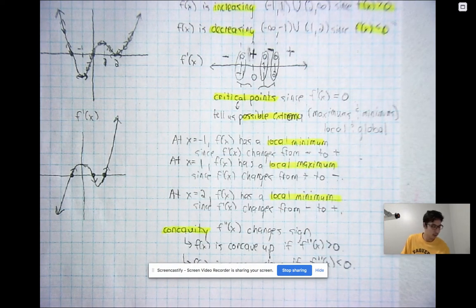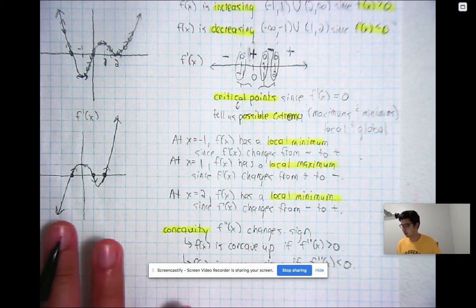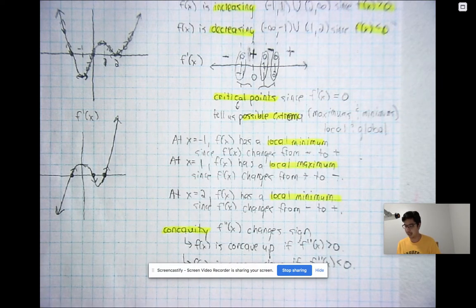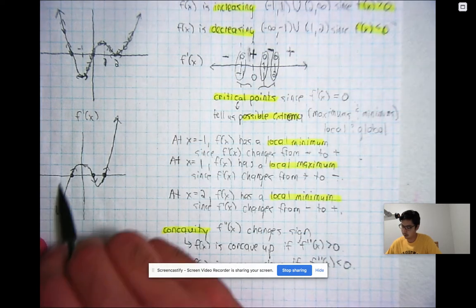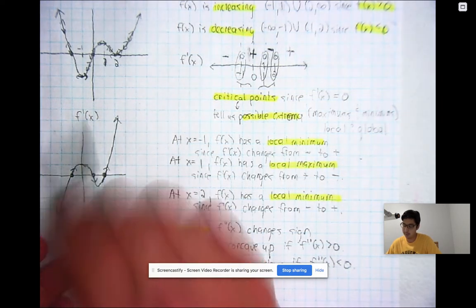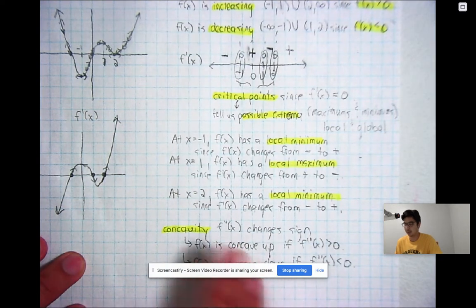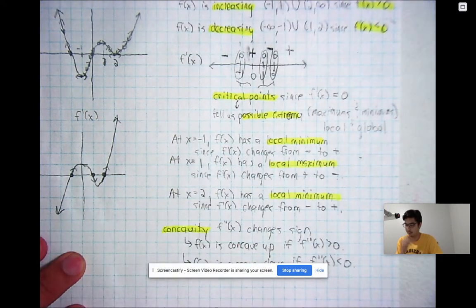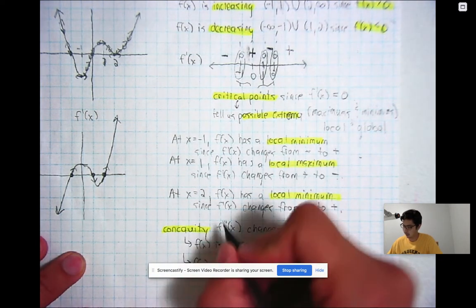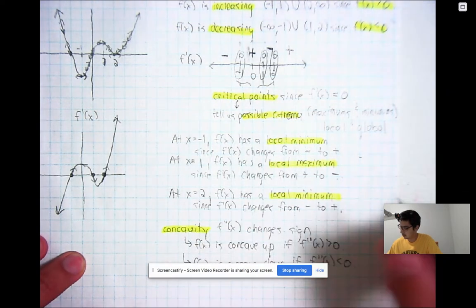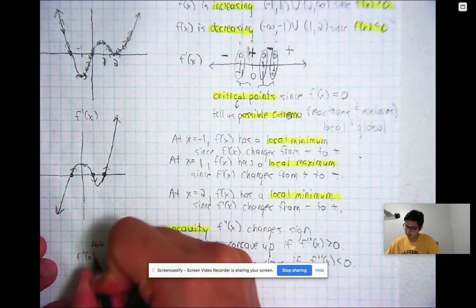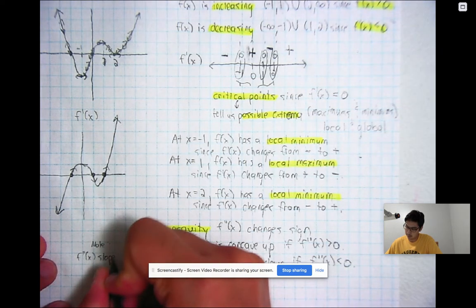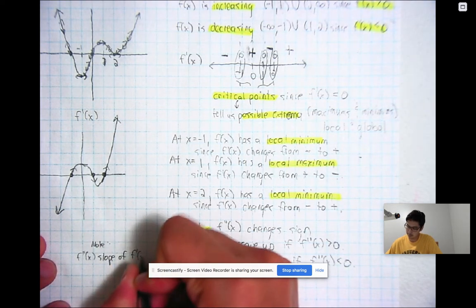Now, if we look at this graph f prime of x and we were determining concavity, we'll notice that now we're looking at the slope of f prime of x, because f double prime of x is the slope of its previous function f prime of x. Right, so again, note, f double prime of x is the slope of f prime of x.